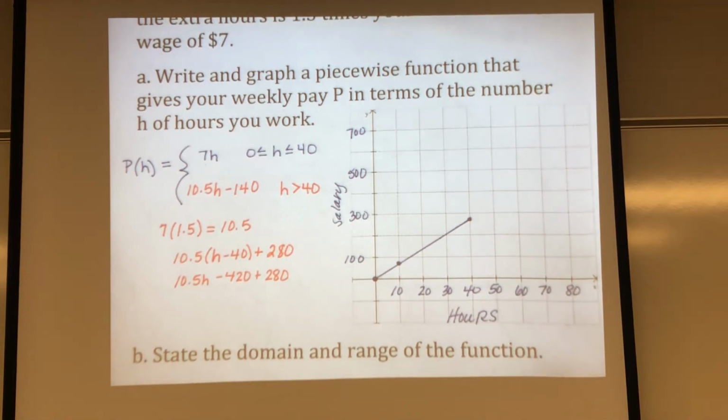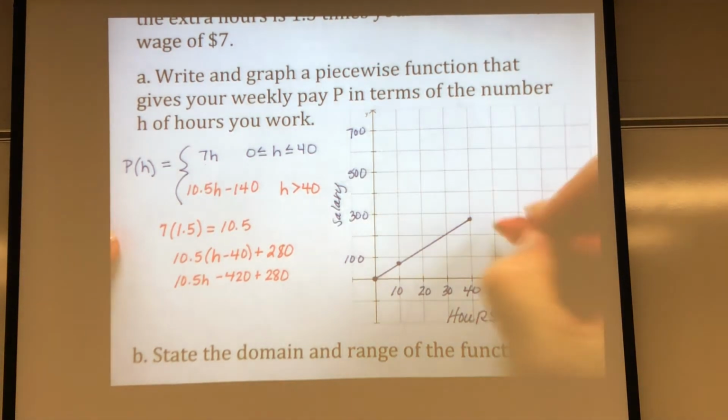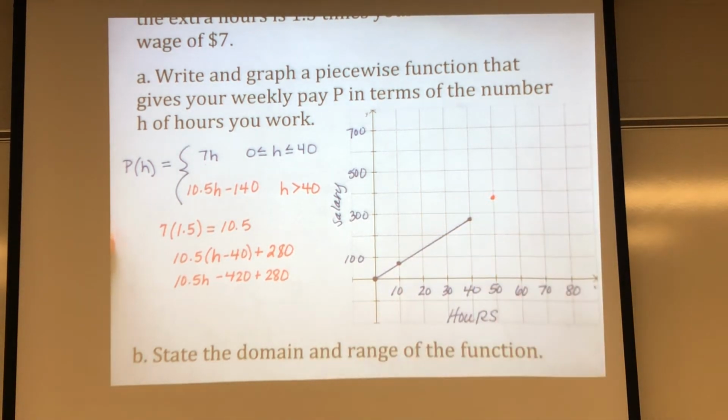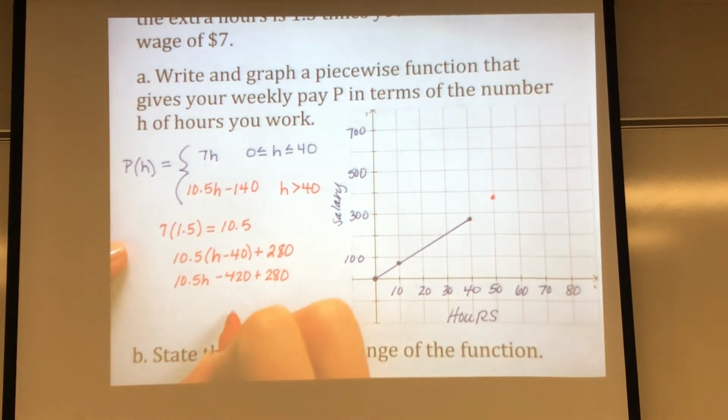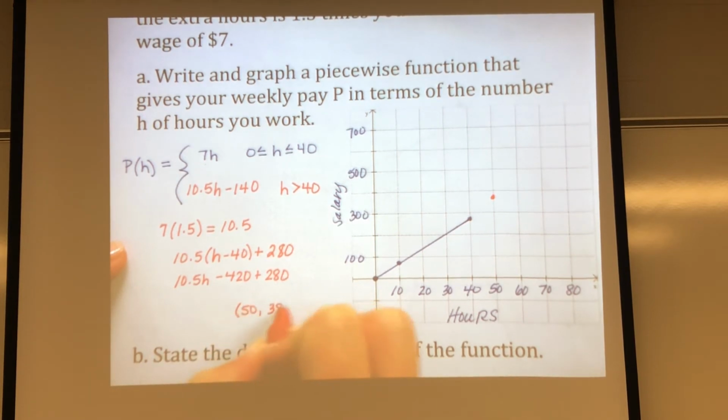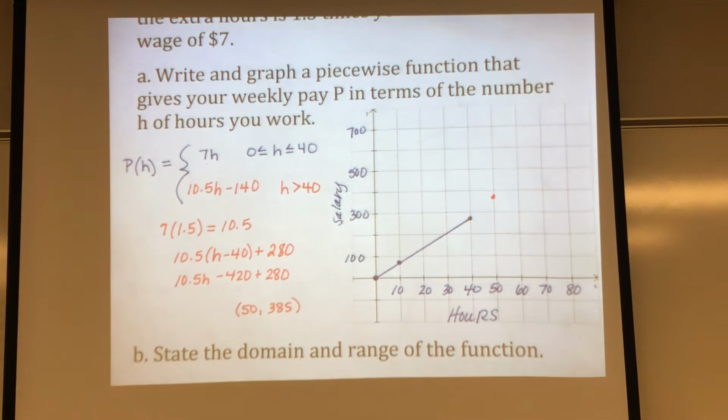And we have some other values that we would need to find. So let's say we worked 50 hours. We would take 10.5 times 50 and then subtract 140. So that is 385. So the point, and sometimes it helps to write down those points, 50, 385. You can write it on your graph or off to the side.